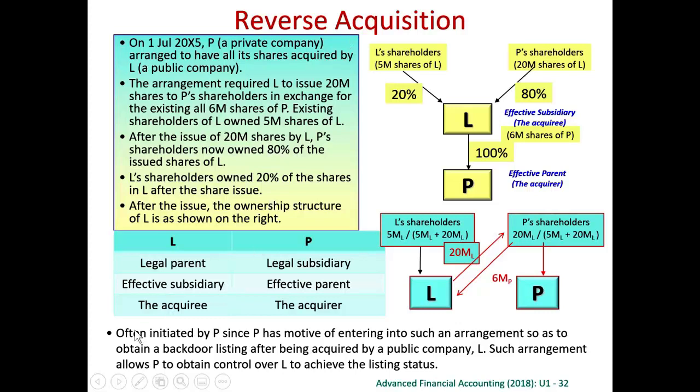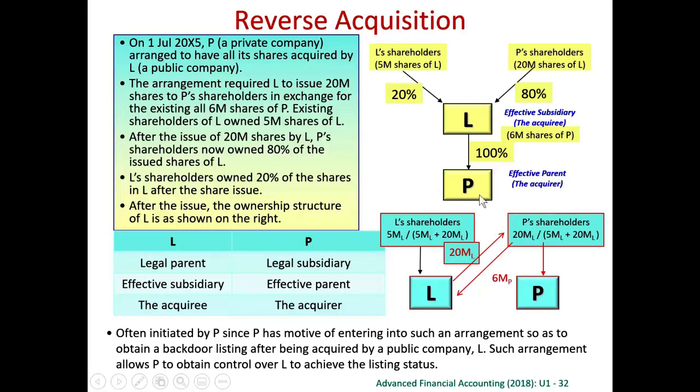So that's why we call this reverse acquisition. This kind of very special case, reverse acquisition, is often initiated by P because P may have the motive of entering into such an arrangement so as to obtain a backdoor listing. We call this backdoor listing because P does not arrange an IPO itself. Instead, it arranged to have its business injected into a listed company, and by injecting the business into a listed company, they obtain control of a listed group.